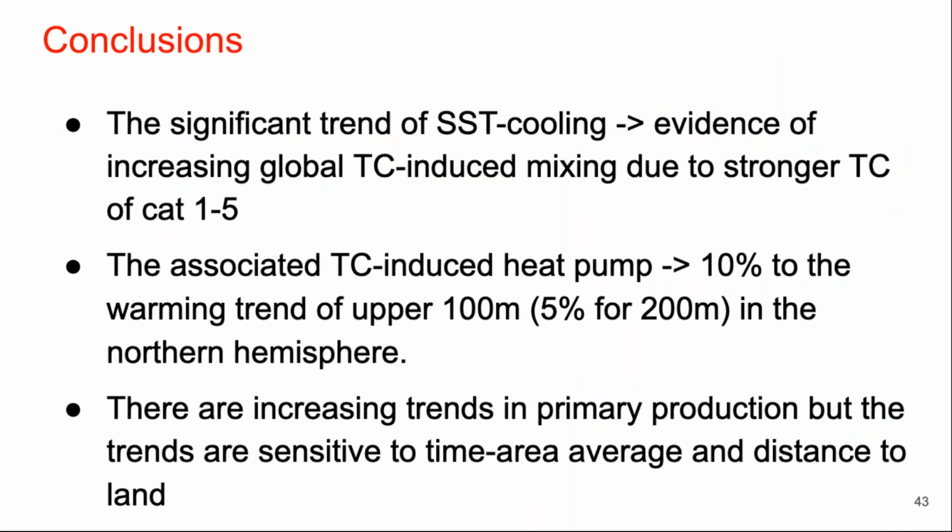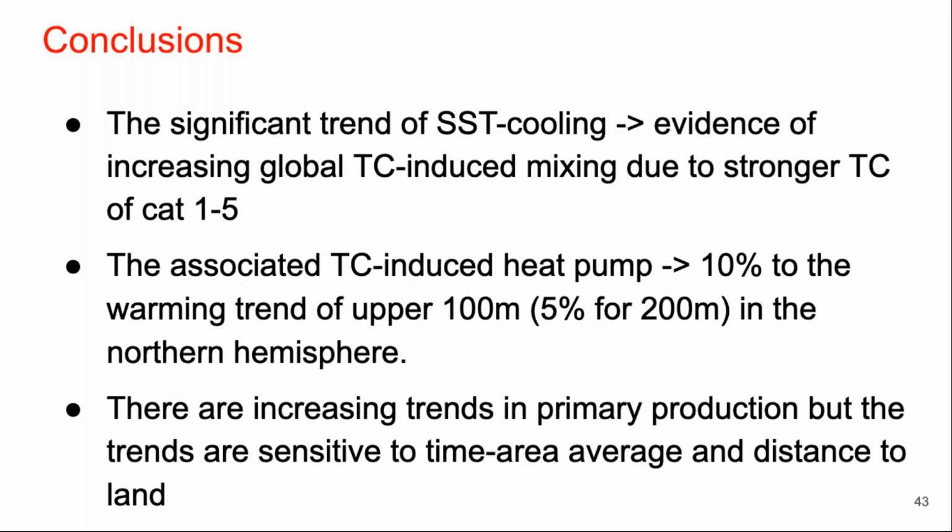To conclude, we found a significant trend of TC-induced SST cooling. This is evidence of increasing mixing by TCs due to stronger intensity of those in category 1 to 5.